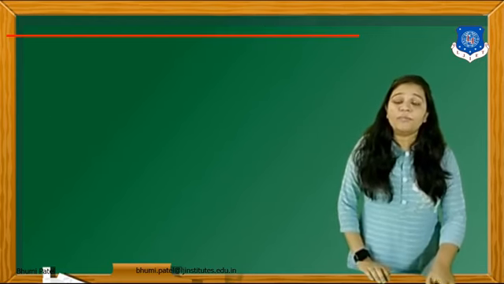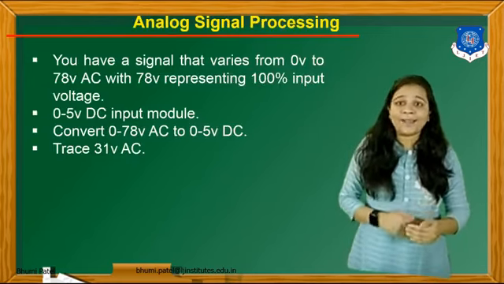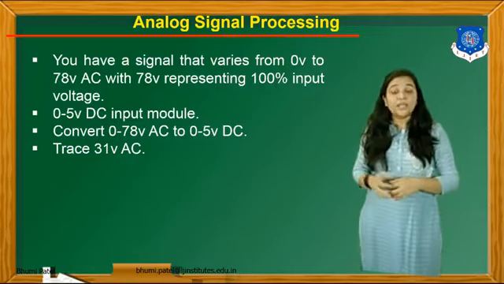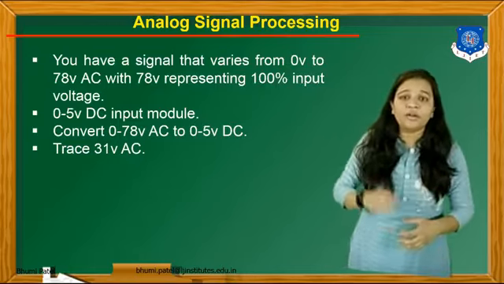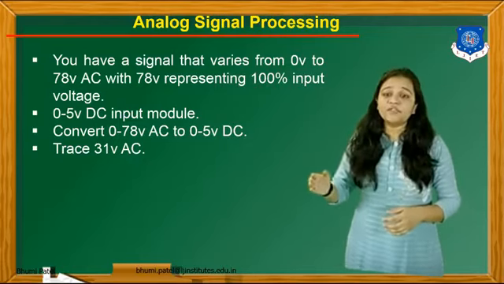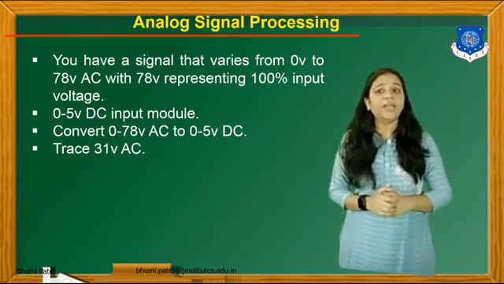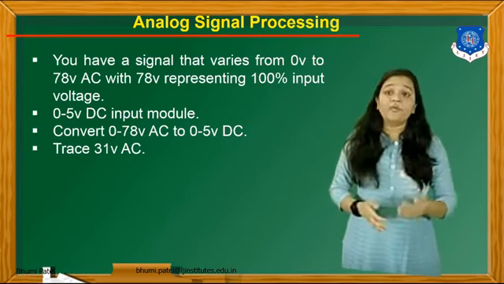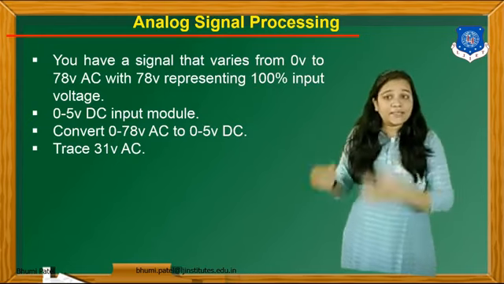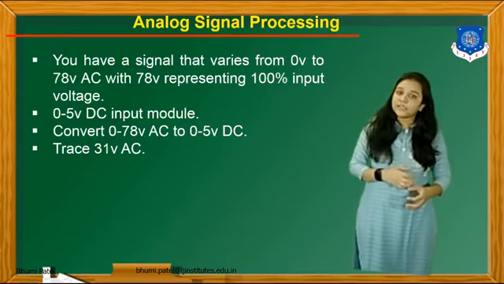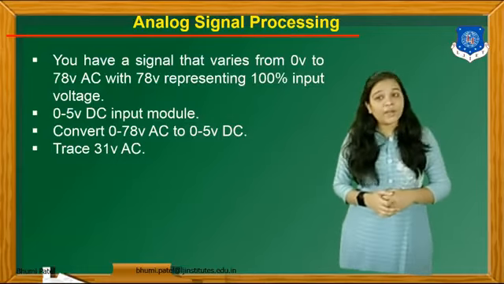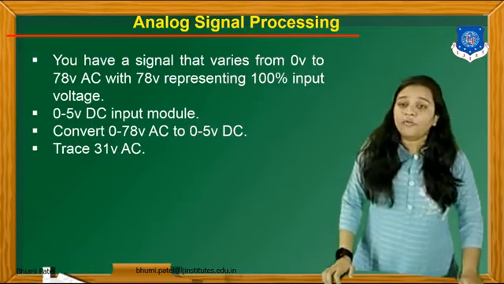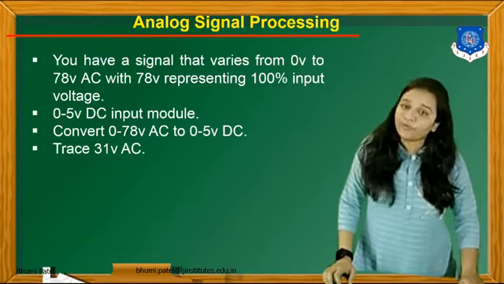So what is the basic fundamental behind analog signal processing? The input module will be given a voltage from 0 volt to 78 volt AC. We have to convert this AC voltage to the DC input module, and after that we have to trace the 31 volt AC input voltage.